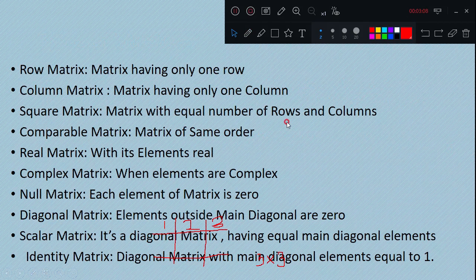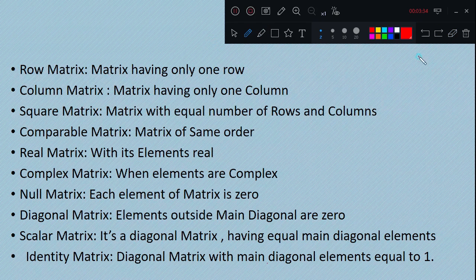Now, row matrix. A matrix having only one row is termed as a row matrix. That means if only this thing existed, it has only one row, it will qualify as a row matrix. Fine. Now, a column matrix.